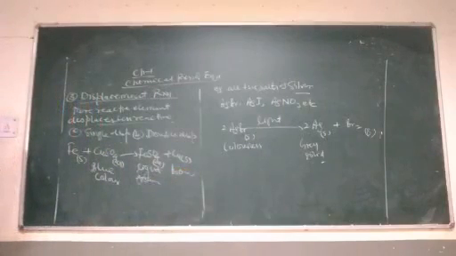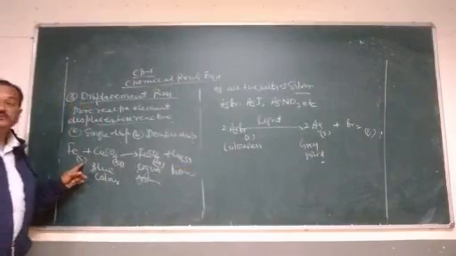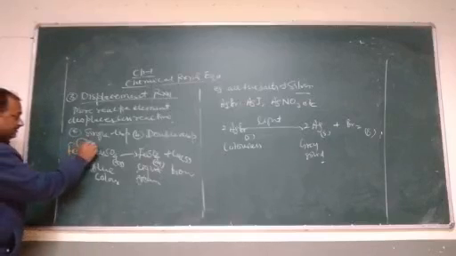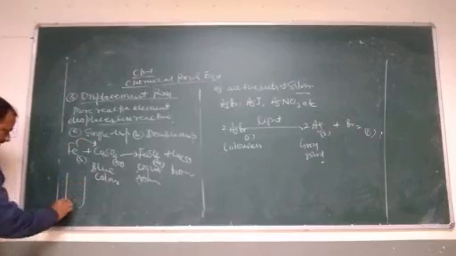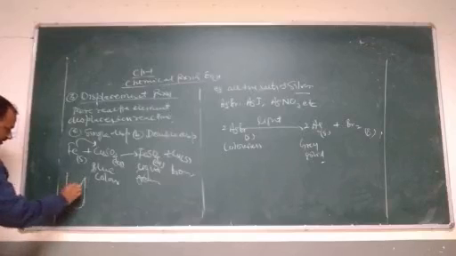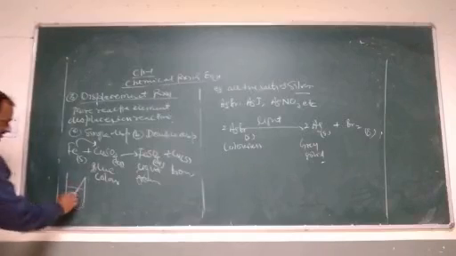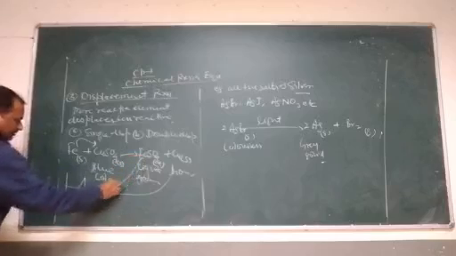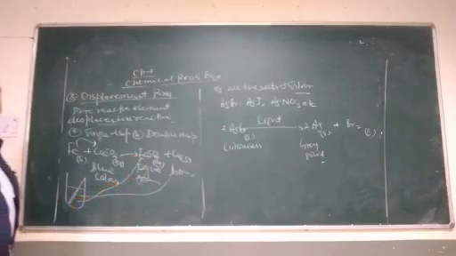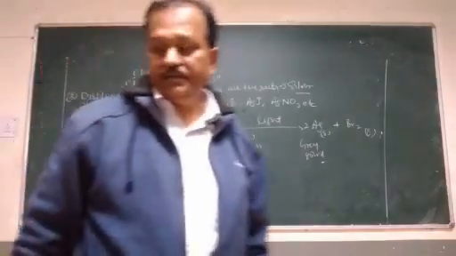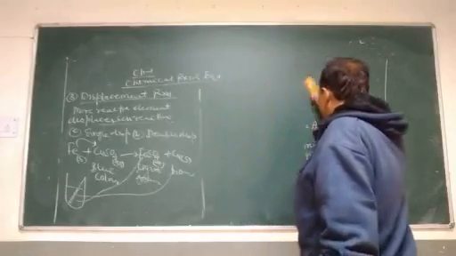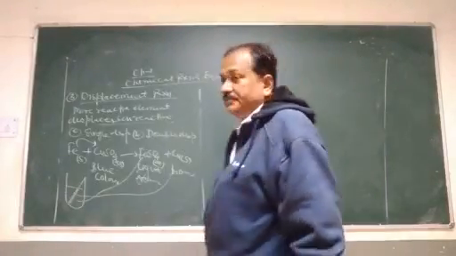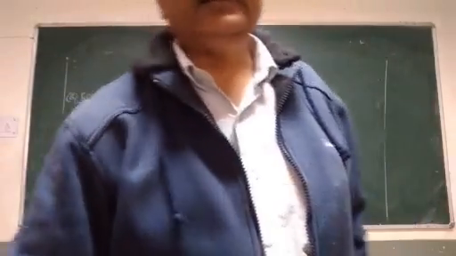So the position of copper is displaced. Just we go like this. Here we keep the iron nail, and this is the brown color. This solution becomes light green. So this is a single displacement reaction.